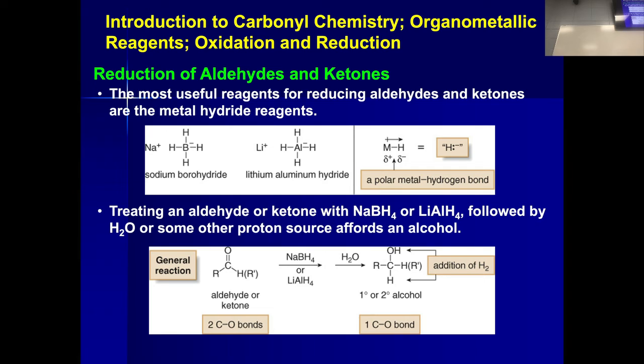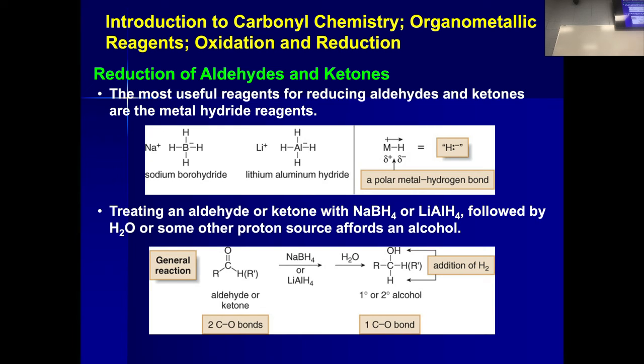that's how these work. They're called hydrides because you can think of the hydrogen as having a negative charge on it. Okay, and it can function as a nucleophile. So let's work through the mechanism. Anytime you see LAH or sodium borohydride, think of H minus.